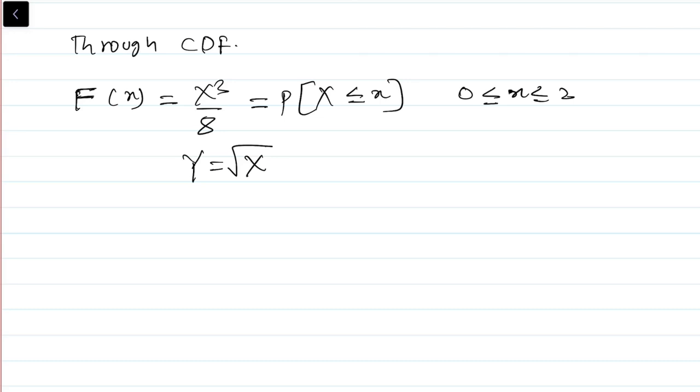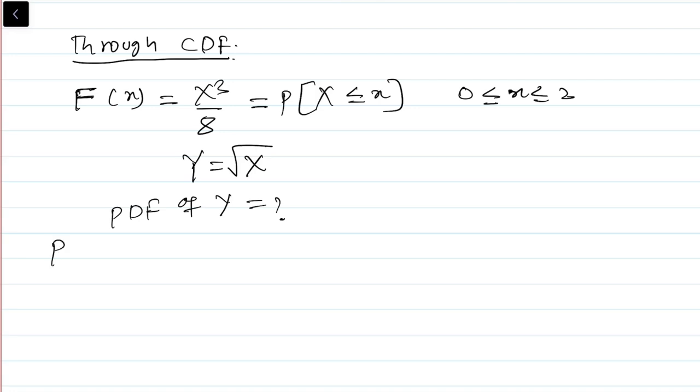Now you are asked to calculate the PDF of y. Okay, so we'll go through the CDF, because this is the transformation through CDF. So we'll find out the PDF through CDF.